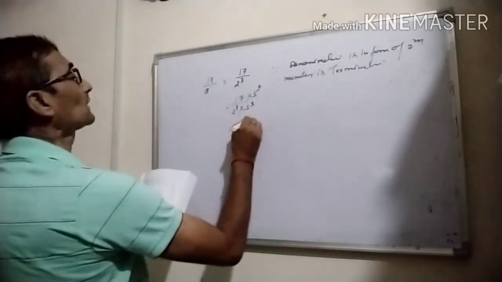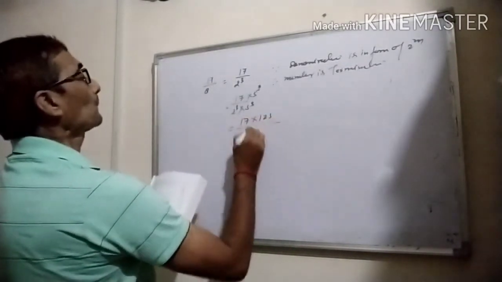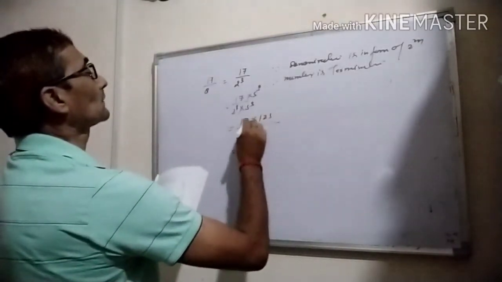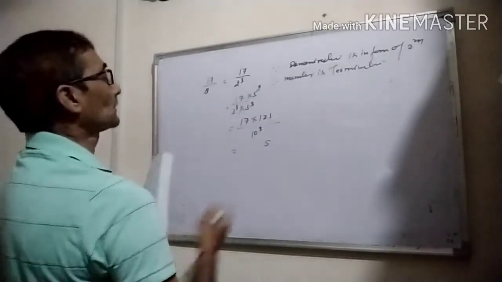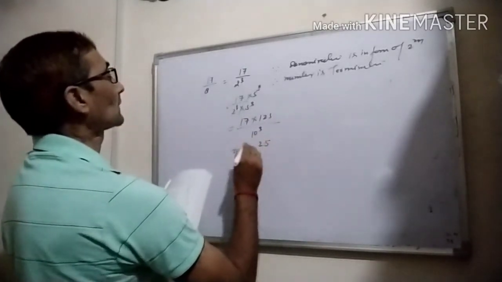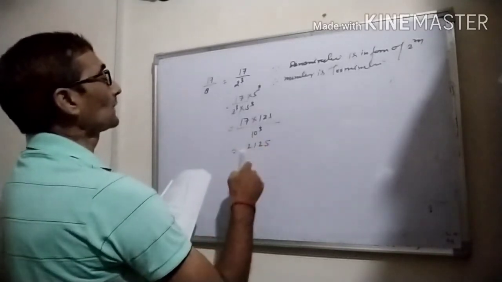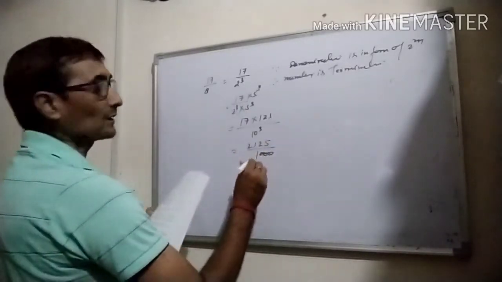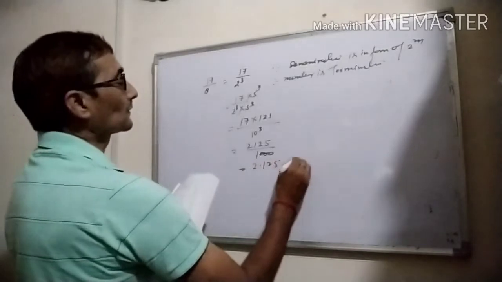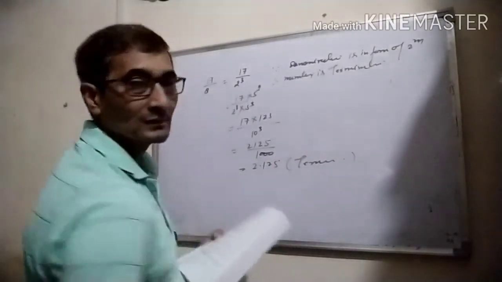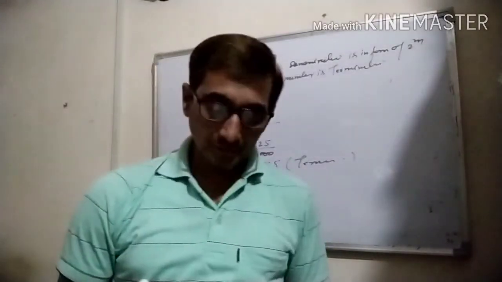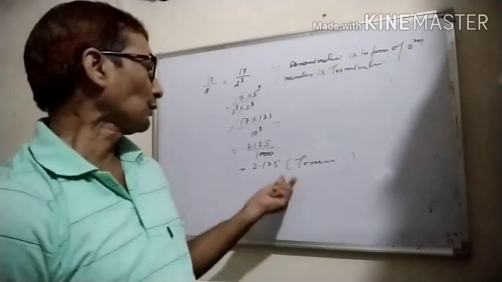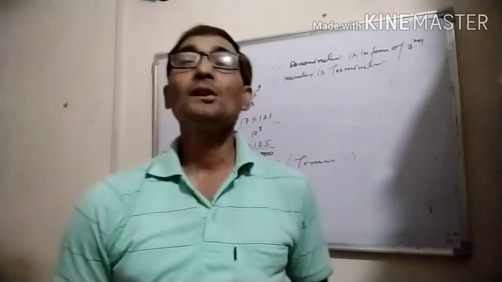So you will get 17 into 125 upon 10 to the power 3. After multiplying you will get 2125 by 1000, and on division 2.125, that is terminating. Like this, for all numbers which are terminating, you can change them into the decimal expansion. This is your question number 2.